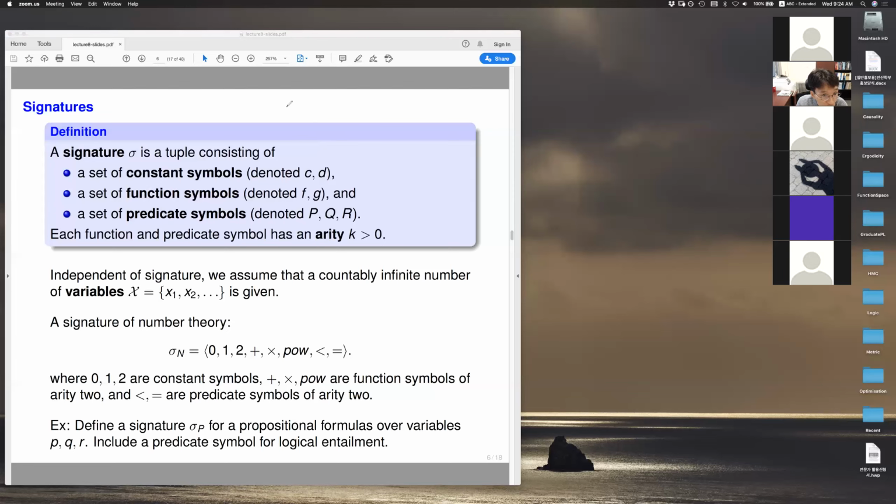I said in first order logic, we have objects and properties. Typically objects are like numbers, and properties are usually properties of numbers, but there are some non-conventional choices. Objects can be propositional logic formulas.